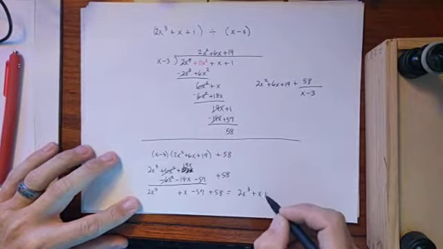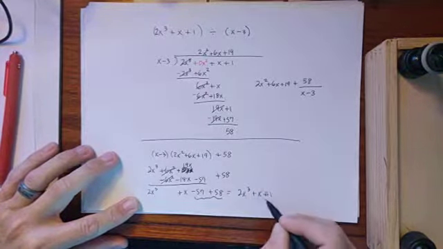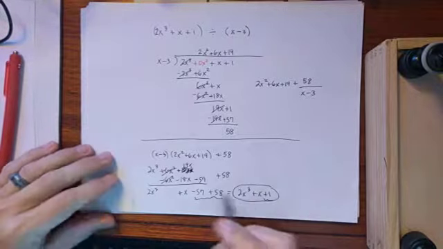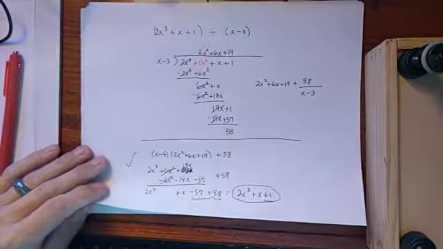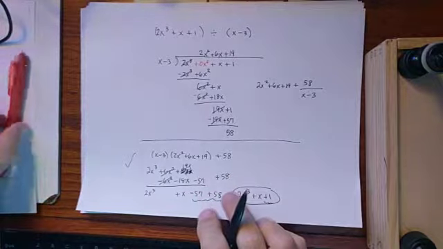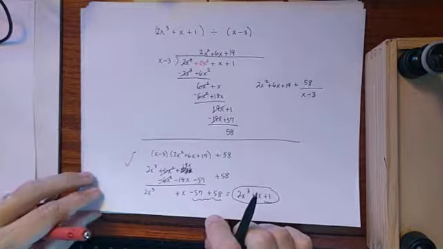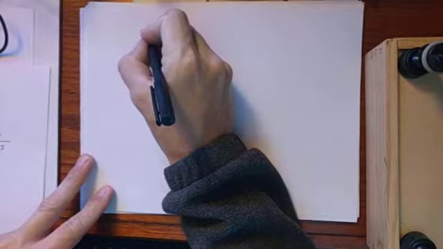We get our original dividend because this makes positive 1. So this is the way to check the answer if you have time. And I know this is kind of crazy long, so I apologize for that. But okay, what we're going to do now is this thing called synthetic division.